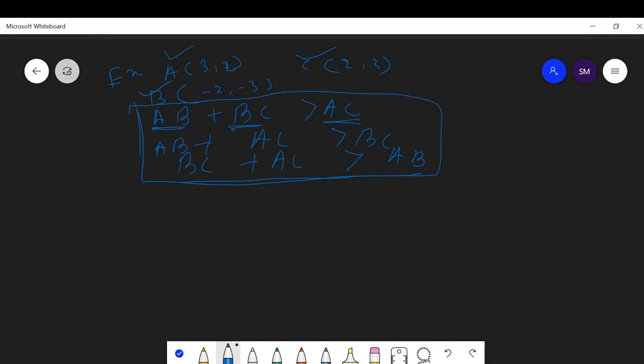If it satisfies the inequality property of the triangle, this means A, B, C are vertices of a triangle. Okay, then let us start.